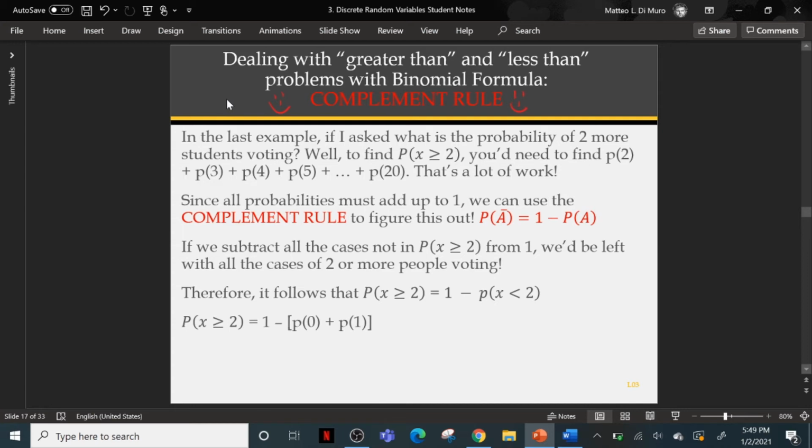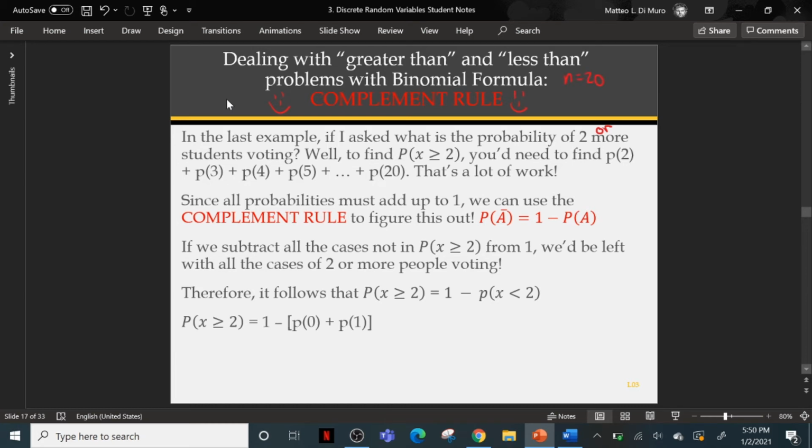So let's use that last example again and just give you a different question and see what happens. So in that last example, if I asked what is the probability of 2 or more, say 2 or more students voting. Okay, so I'm saying, what is the probability that X is greater than or equal to 2? Now remember, we had 20 people surveyed.